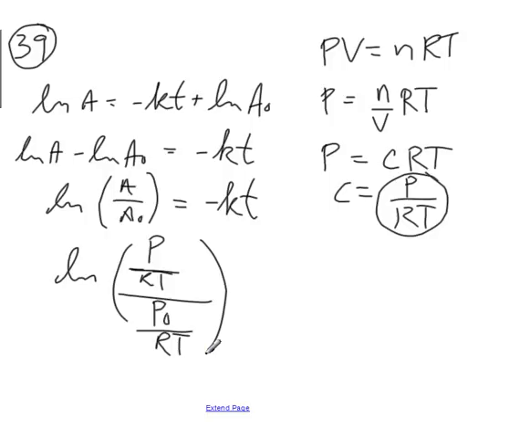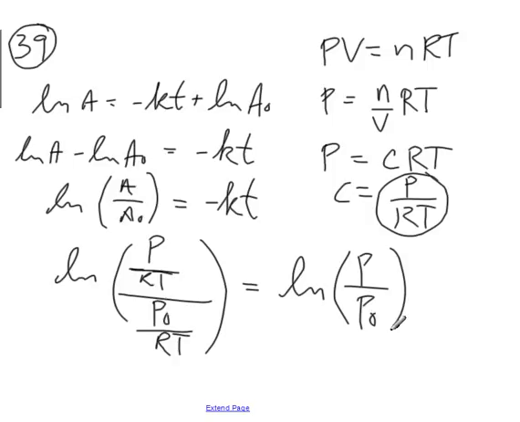The P over RT is A, and the P0 over RT is A0. Do you follow that, Brendan? Now I'm dividing a fraction by a fraction, so you take the reciprocal and multiply, and what's going to happen is that the RTs will cancel, and you're left with natural log of P over P0.